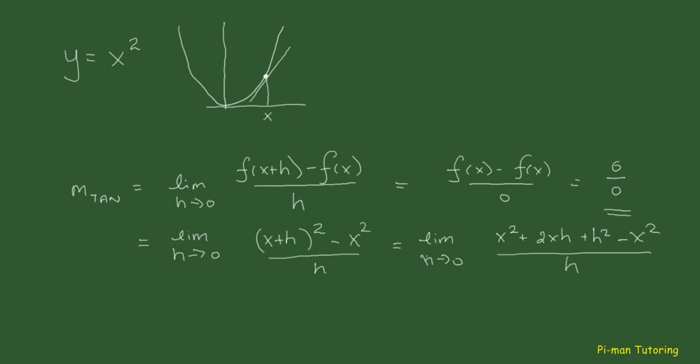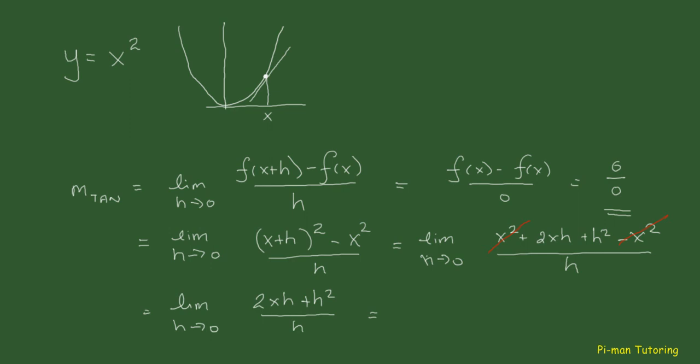Now we can see that we've got x squareds on the top, which cancel each other out. And what we're left with is the limit as h tends to 0 of 2xh plus h squared divided by h.